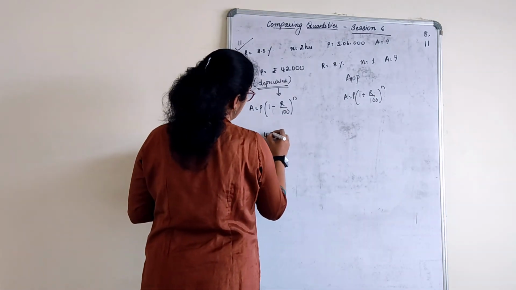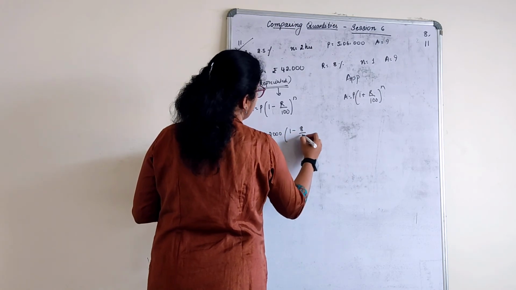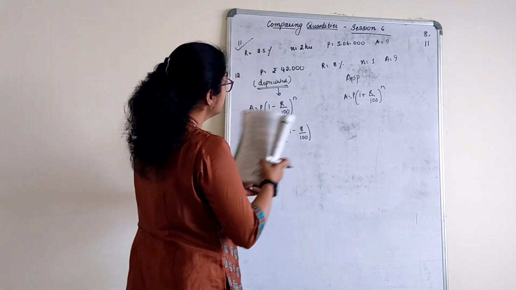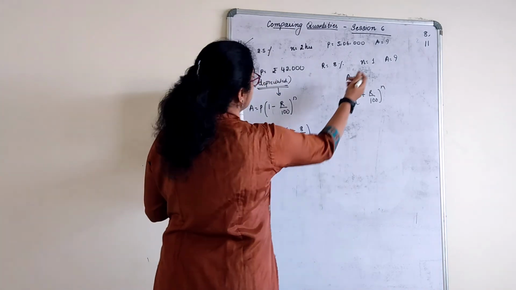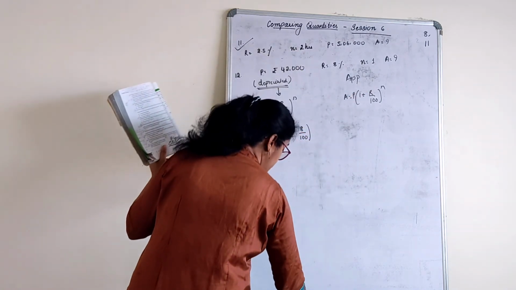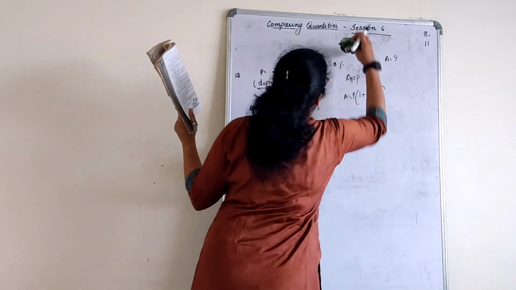So 42,000 1 minus 8 by 100 raised to, at the end of 2 years, right? Or after 1 year. Yes, I got confused with this sum, children. Let me erase this 11th one. I was taking it as 2.